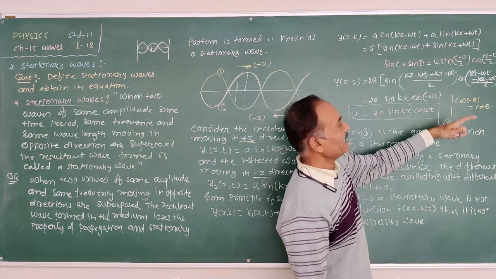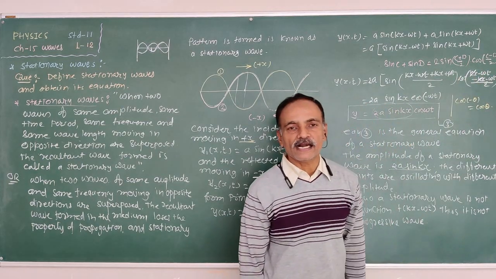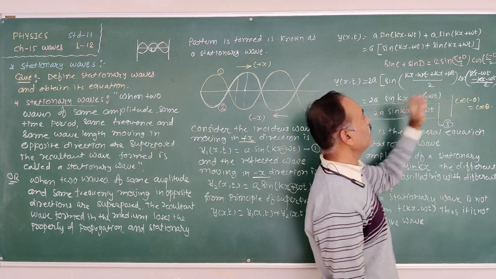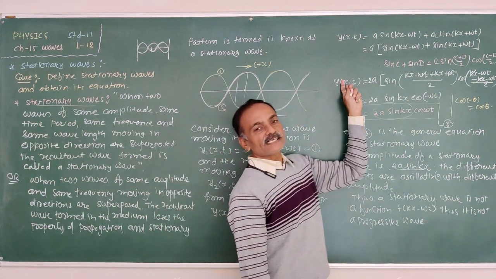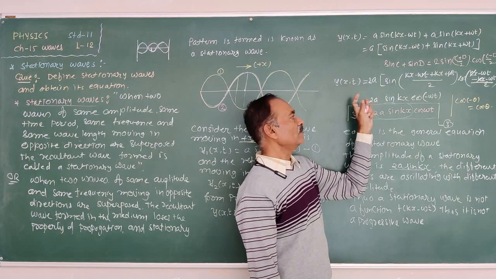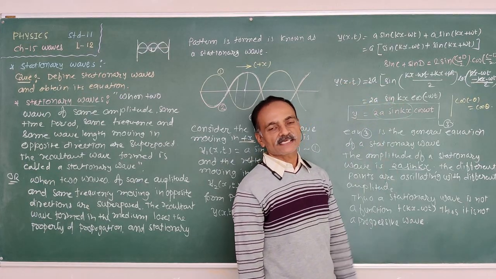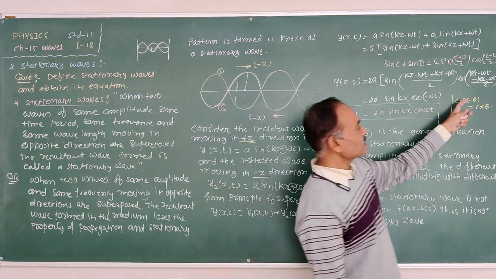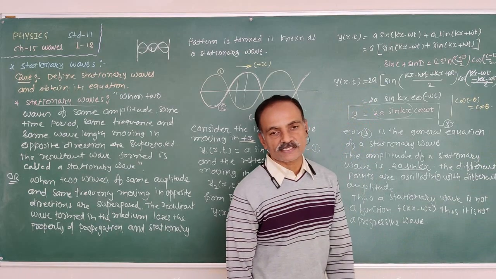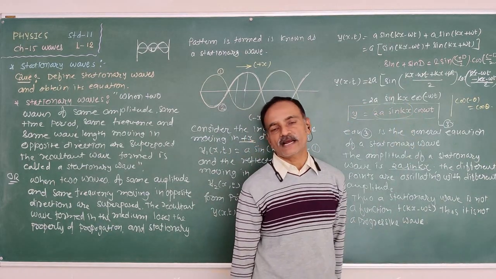In the second bracket, kx cancels, and minus 2 omega t by 2 leaves only minus omega t. Therefore, the displacement of the resultant wave y is equal to 2a sin kx into cos(-omega t). But we know that cos(-theta) is equal to cos theta. Therefore, y = 2a sin kx cos omega t.